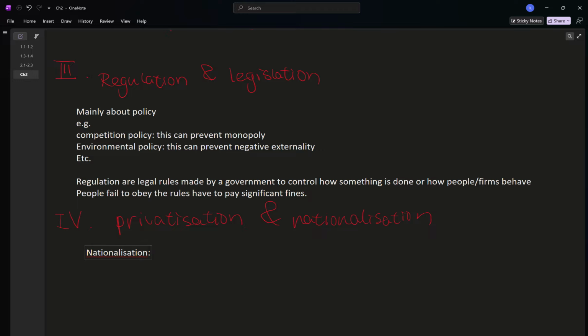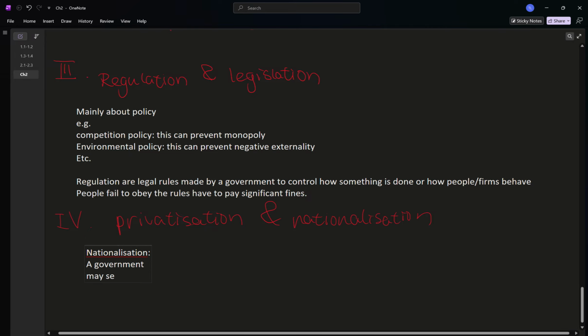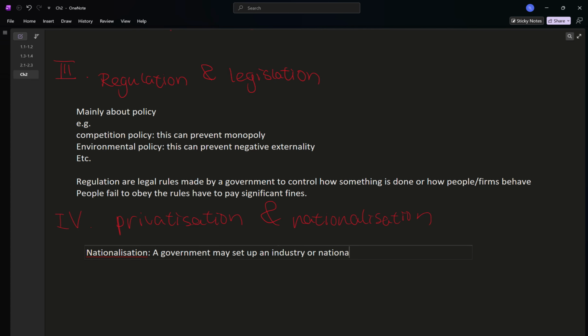I will give you the definition of nationalization, and privatization is exactly the opposite of nationalization. A government may set up an industry or nationalize a private sector industry.